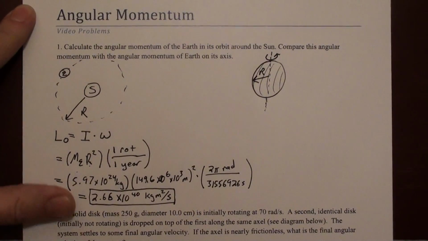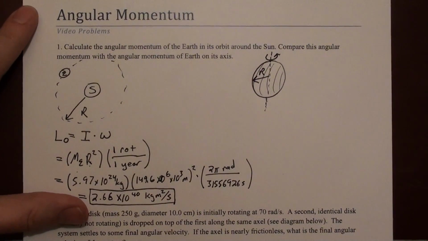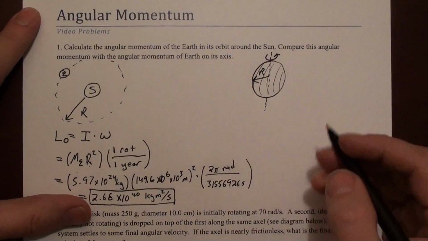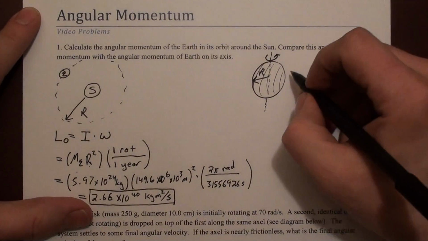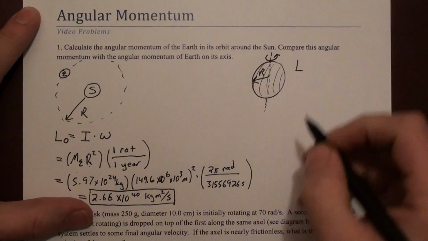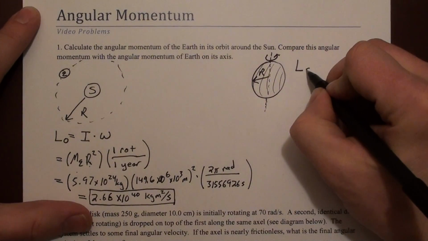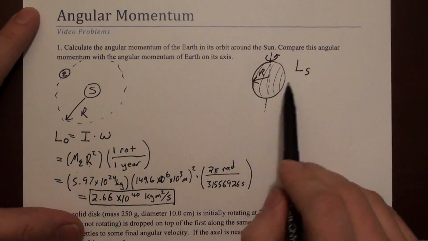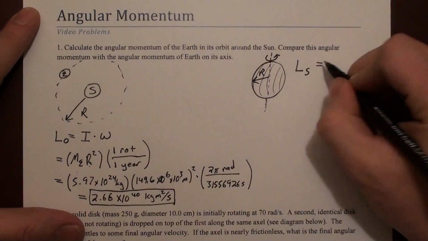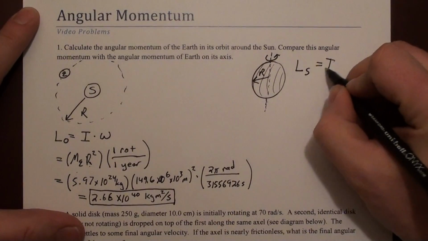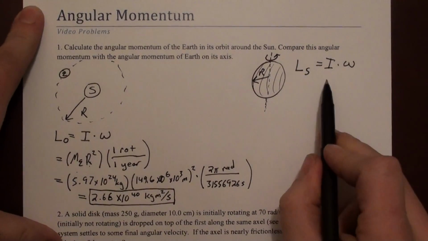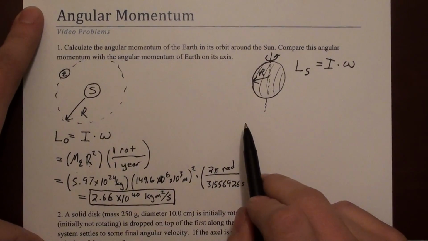So we're modeling it as a sphere. Again, the Earth isn't exactly spherical, but we'll model it that way. We'll call this L sub s for spin, since the Earth is spinning. It equals I times omega again, but it's a different I and a different omega.